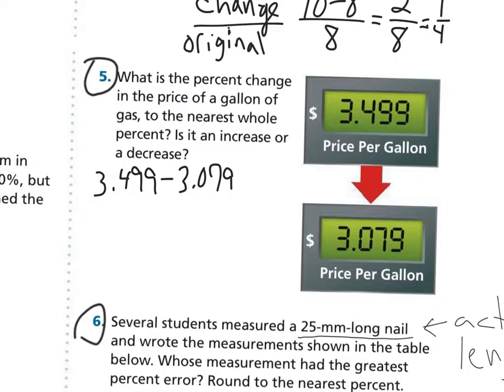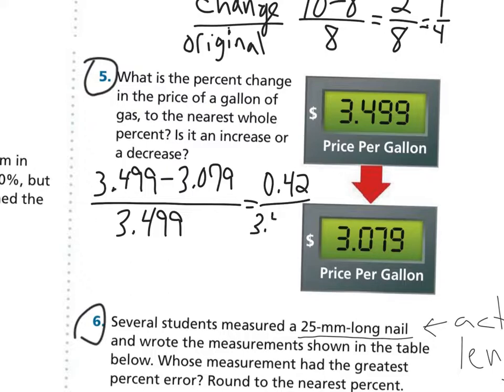They always have that tenth of a penny for whatever reason on these gas prices. So the $3.49.9 is our original price of the gas. So if you subtract that, would be 42 cents difference. We're going to compare that to what it was originally.